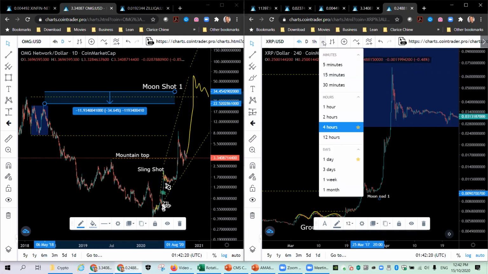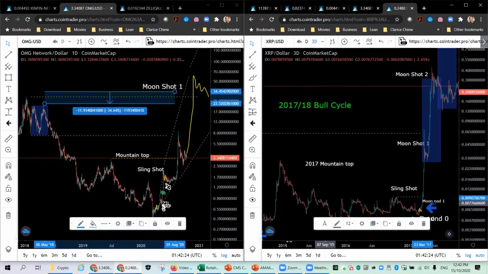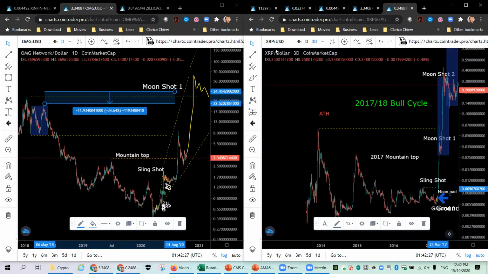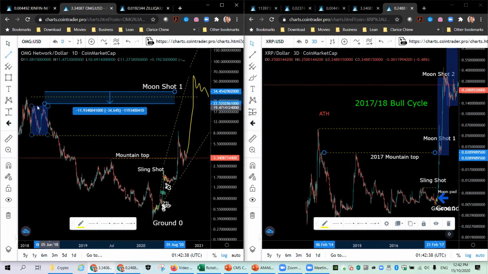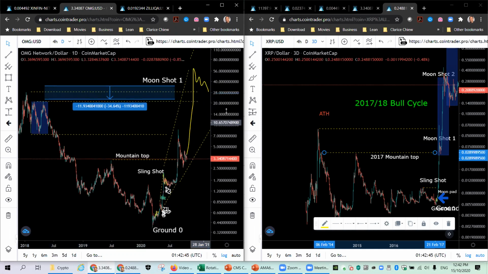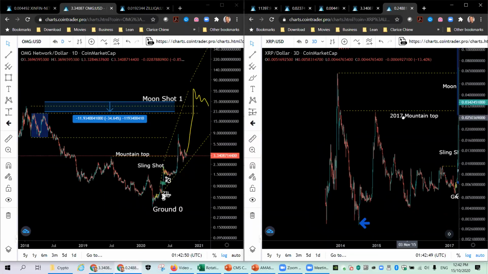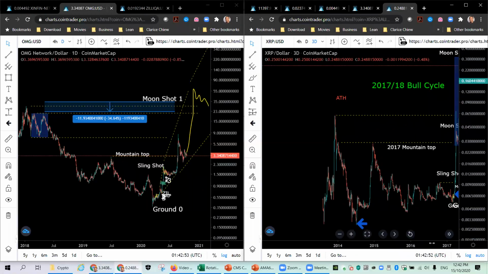And you can only see it if you go down to a much lower timeframe. So this level here, right? This level here is that level right there. Let me try to frame it up for you. It's that level right there, right? So that's why I do pick that level. Let me try to get out of XRP over here.